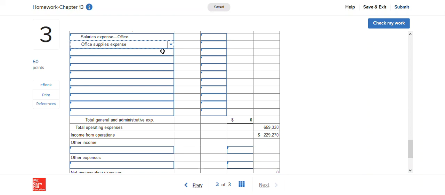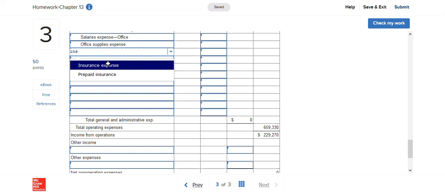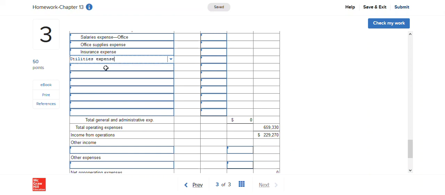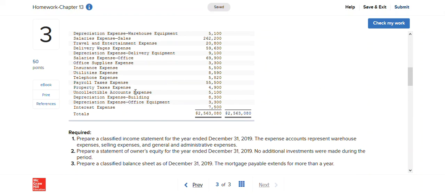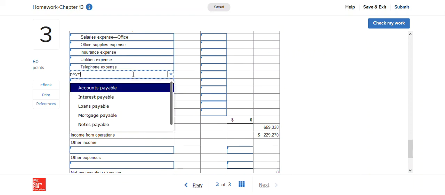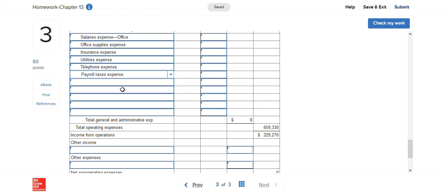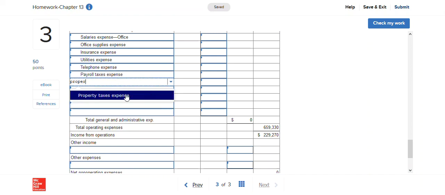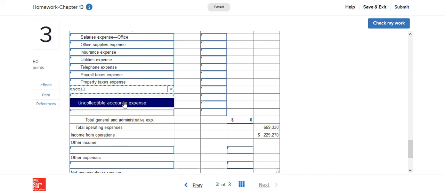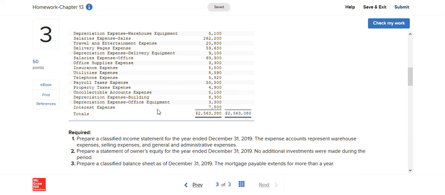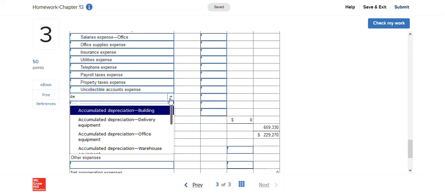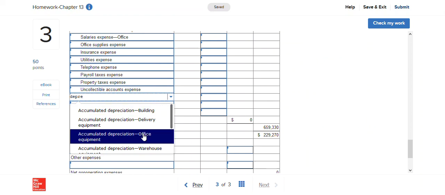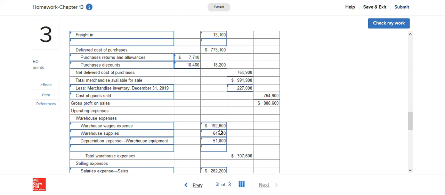We've got insurance. Utilities, telephone, payroll, property, an uncollectible accounts expense, and a couple of different depreciations, with office equipment and building.